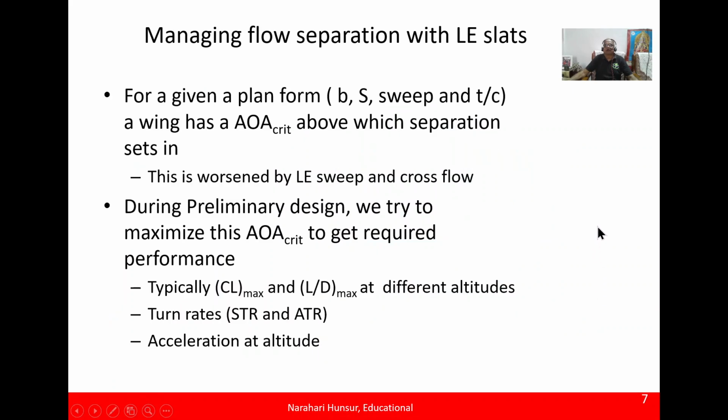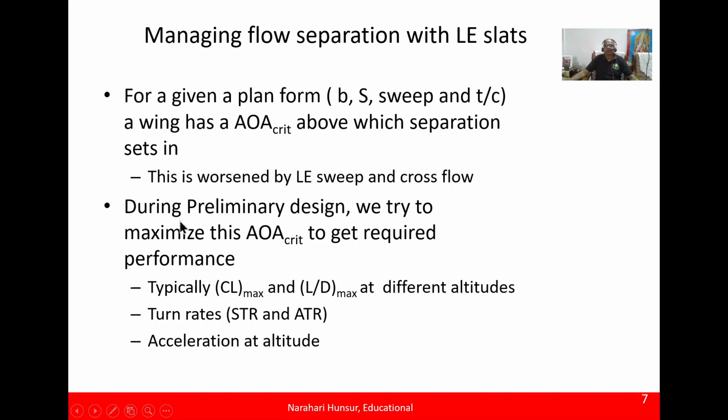So now let's see how this can be used in trying to design a combat aircraft wing to increase its angle of attack, that is, high angle of attack behavior. For any given planform of a wing, namely span, area, sweep, and thickness to chord ratio distribution, a wing has a critical angle of attack above which flow separation happens, and this is worsened by the leading edge sweep and the cross flow.